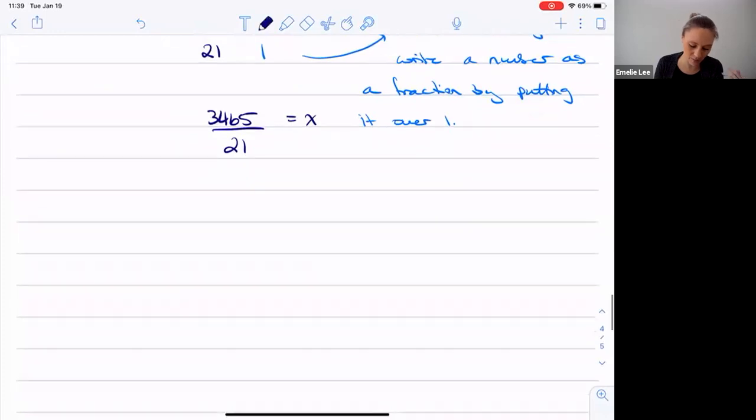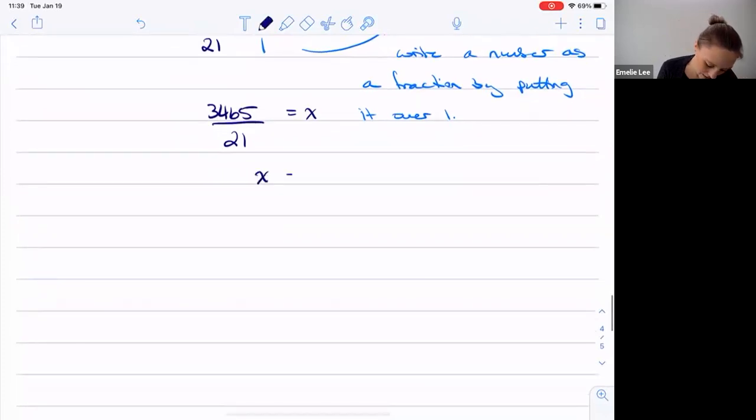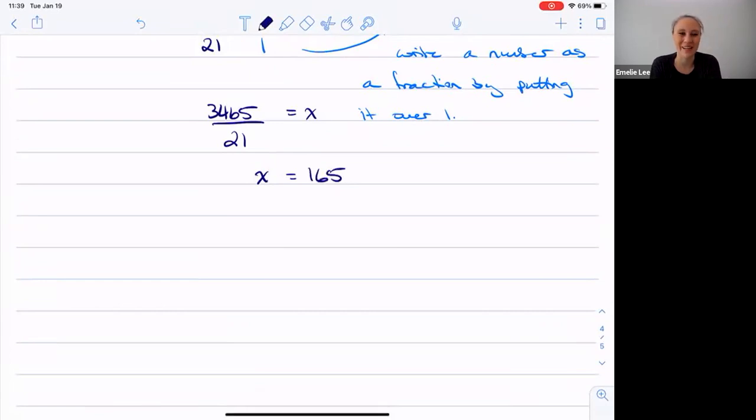It's not always going to be that obvious, and there will be times when you go, how did you just get there? Because I'll often do two things in this move: I move this x over here, and I move this 165 over here. I'm just getting you used to my quirks.